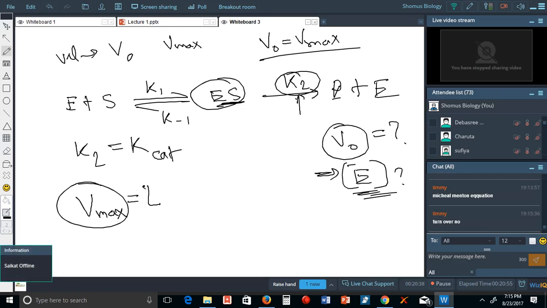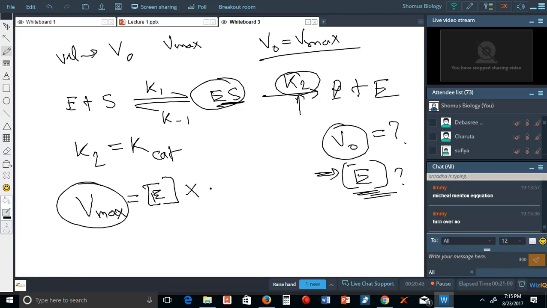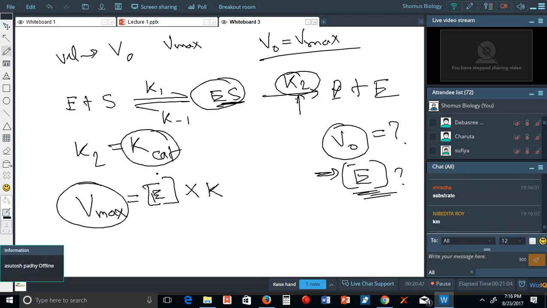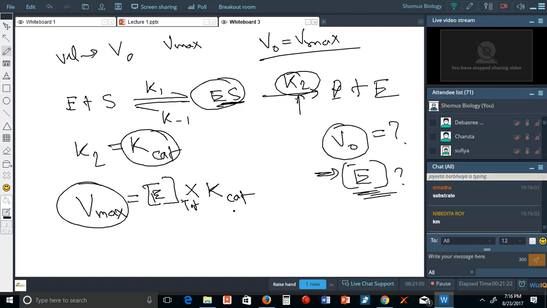One is the total enzyme concentration, and the second one is the amount of substrate that can be converted into the product per second, which is also known as the Kcat value, right? This Kcat value, on the other hand, is known as the turnover number.